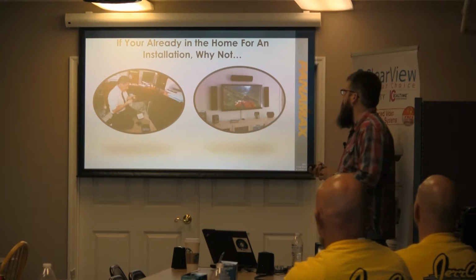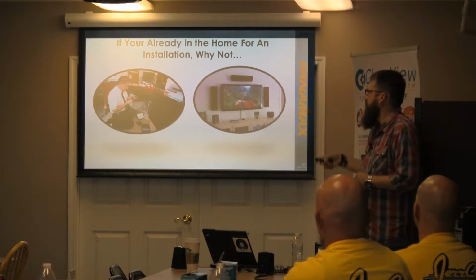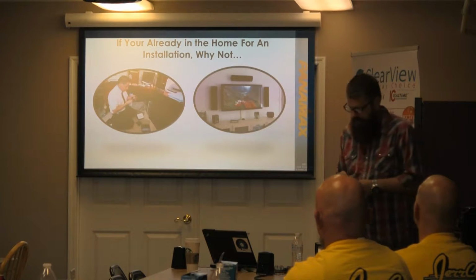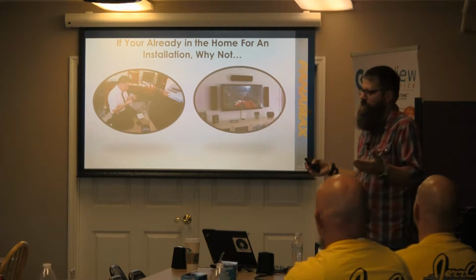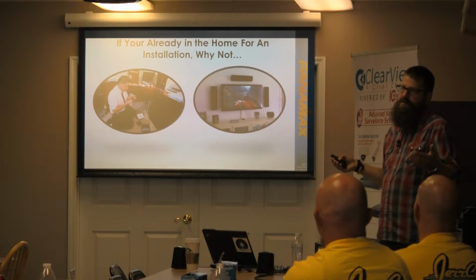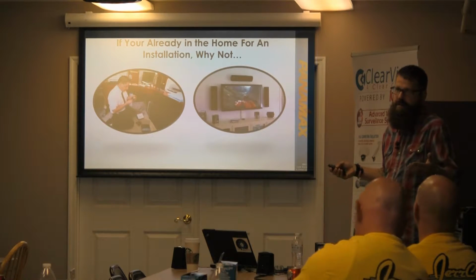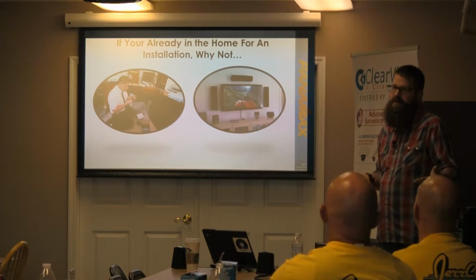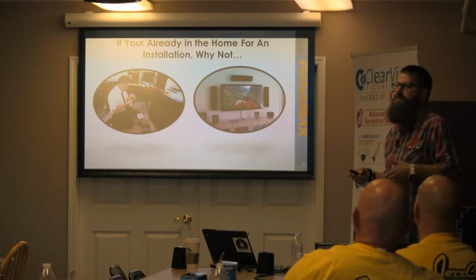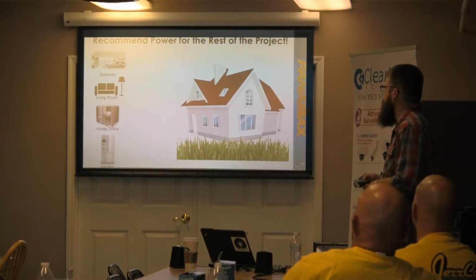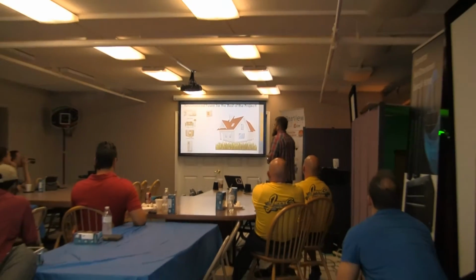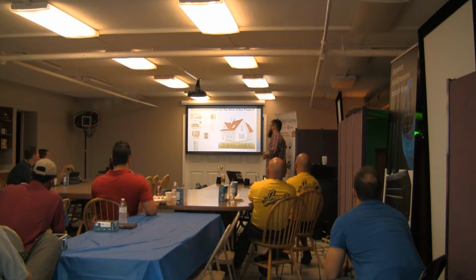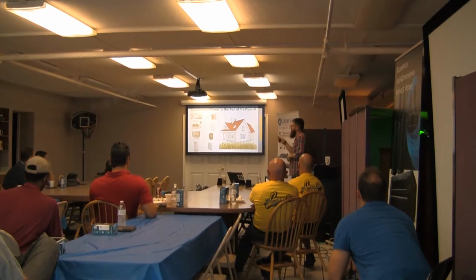What I usually tell people, and I've got a picture here of one of the guys from the Geek Squad, is you're in a house doing AV. Most houses have a home office, right? I mean, how hard would it be to pitch a $250 UPS for that home office? Add-ons, and then that's your foot in the door. Talk about surge protection from everywhere: the bedroom, living room, home office, UPS, even appliances.